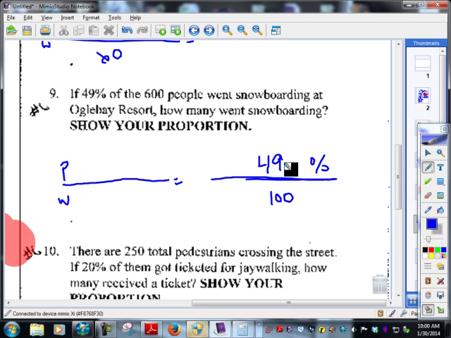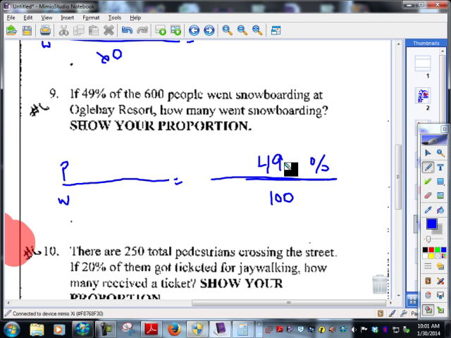If 49% of the 600 people went snowboarding at the resort, how many went snowboarding? What is 49% representing? Okay? I'll read it again.